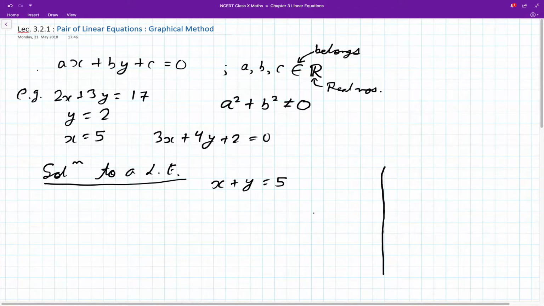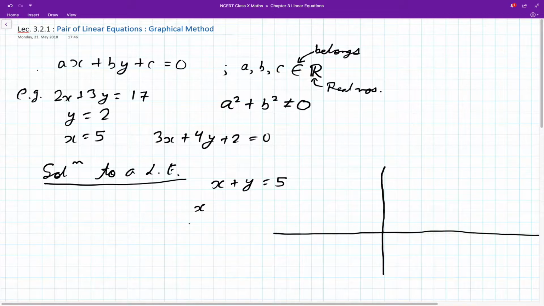So this is our y-axis, this is our x-axis, and in order to plot a straight line, we just need 2 points. So for this, let's say we have x, we have y as 5 minus x.